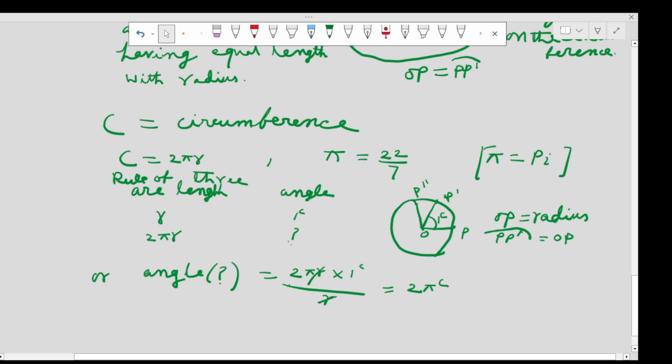Actually, we have got here length and radian. Now we have to find out the relation between radian and degree.